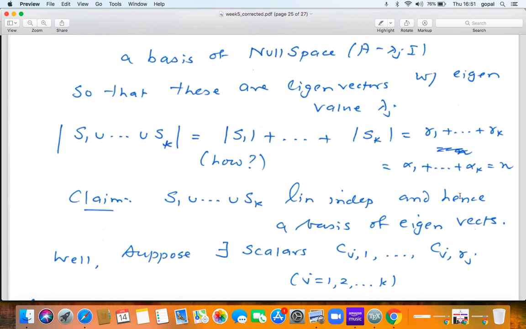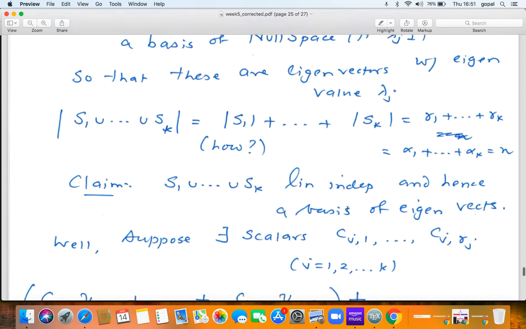A generating set consisting of n vectors in an n-dimensional space is a basis. Remember, in the first week we discussed this. So we'll show that S1 union S2 union Sk is linearly independent.